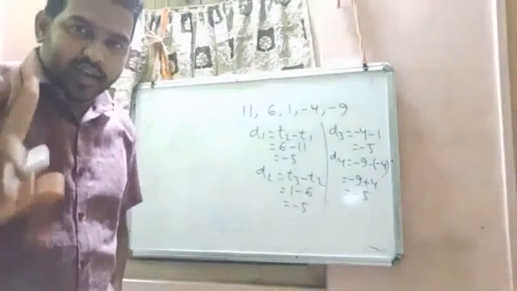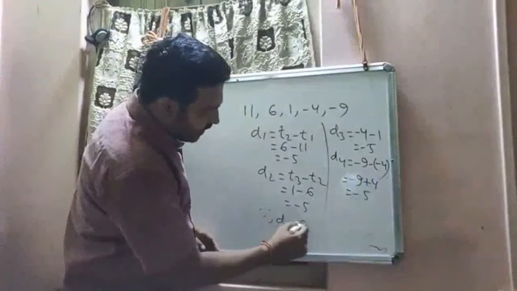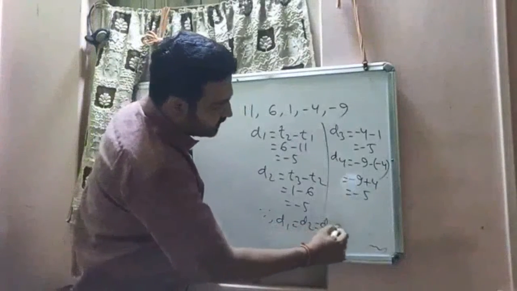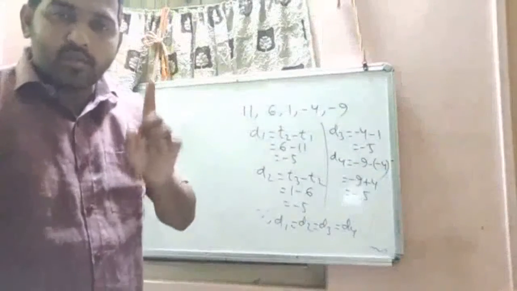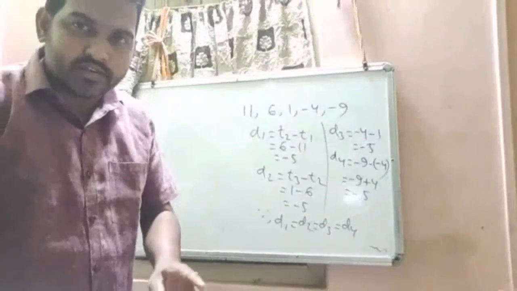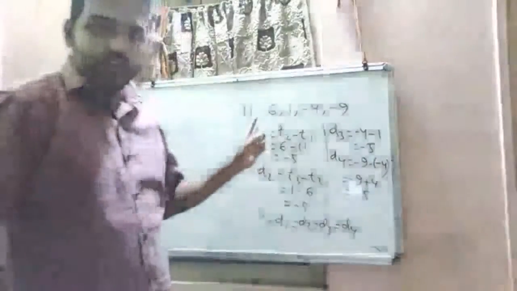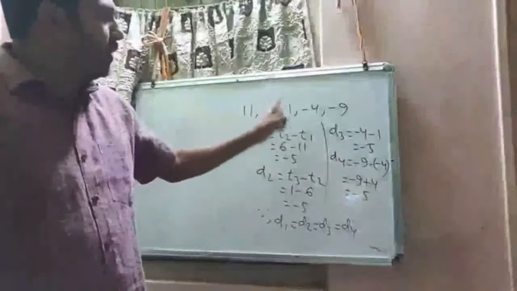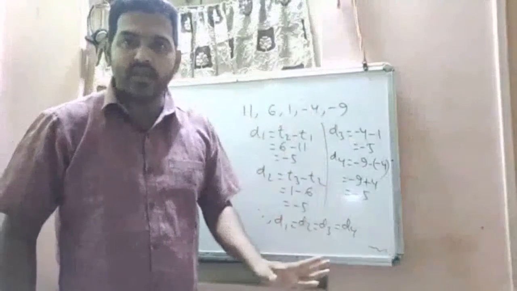So after calculation we have found that D1 is equal to D2 is equal to D3 is equal to D4, which means the common difference is constant. So we can say that the numbers 11, 6, 1, minus 4, minus 9 form an AP.